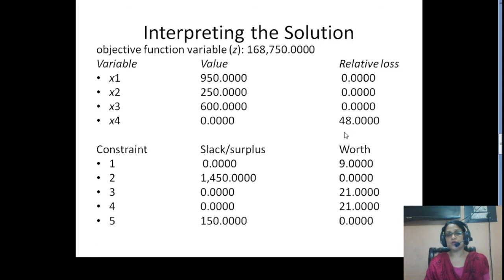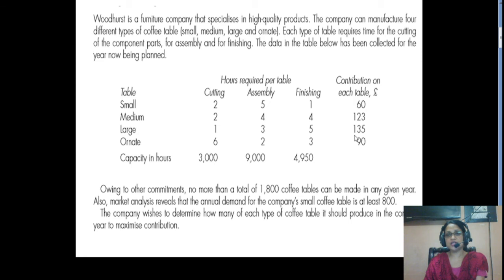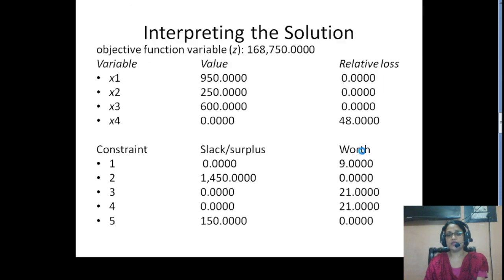If you are going to produce even a single unit of X4, that is the ornate table, this organization has to confront a loss of 48 pounds, right? So if you want to produce 1 unit of X4, the organization needs to increase its contribution by 48. It means the contribution should rise to 138 pounds. Then only you can produce 1 unit of X4, right?